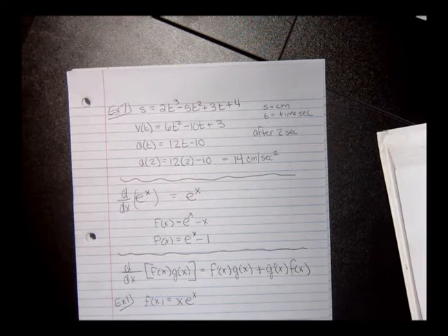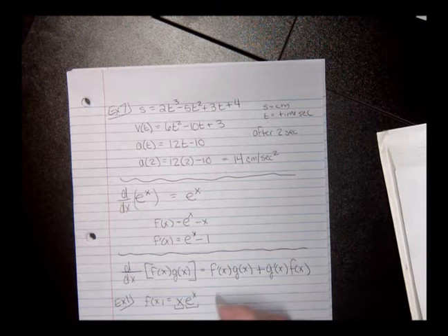So we no longer are just adding or subtracting. So what I have to do is my first part is here, my second part is here. So the derivative of x is just 1. The derivative of e to the x is e to the x.